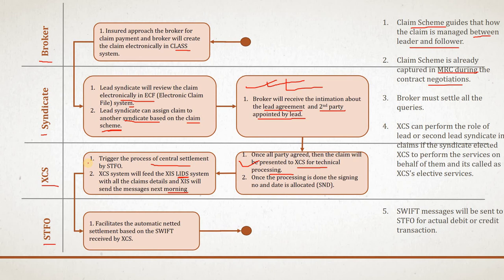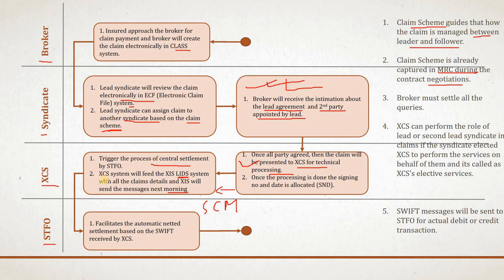Generally, by end-of-day processing, which is 7 p.m., all the systems shut down and the data is pumped from XCS to the XIS LID system. The next day the LID system generates the SCM message and sends it to the syndicate, and the syndicate will consume these SCM messages and record them in their system for further processing.